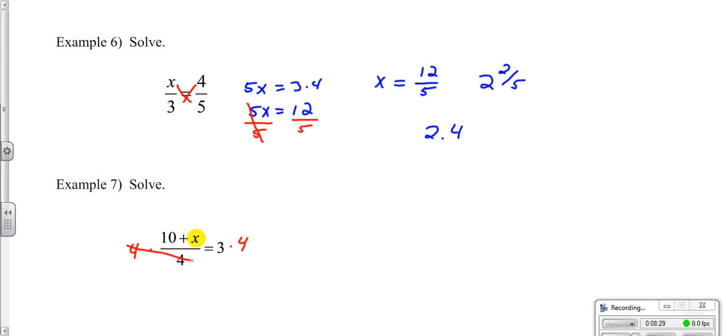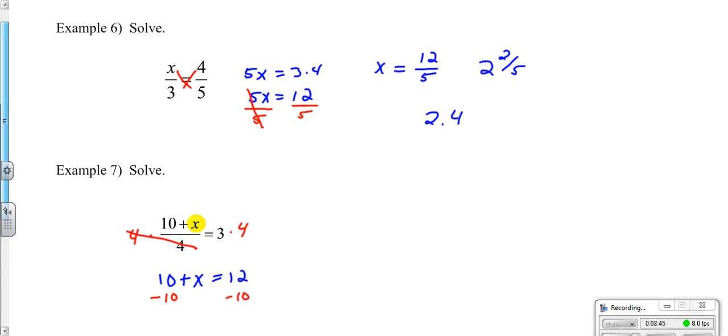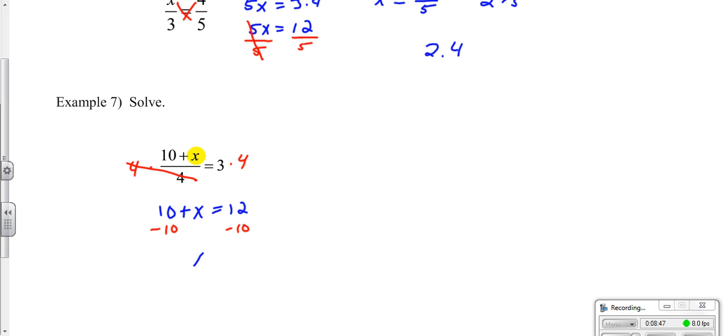And that cancels those two out, which leaves us with 10 plus x equals 12. Now I can go ahead and subtract 10, and we get x equals 2.